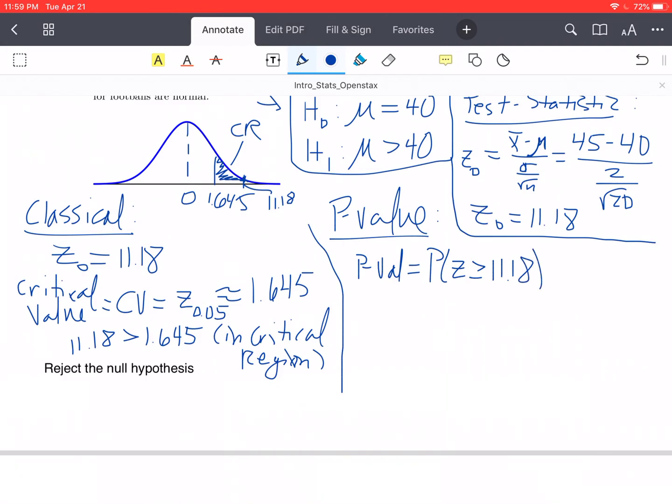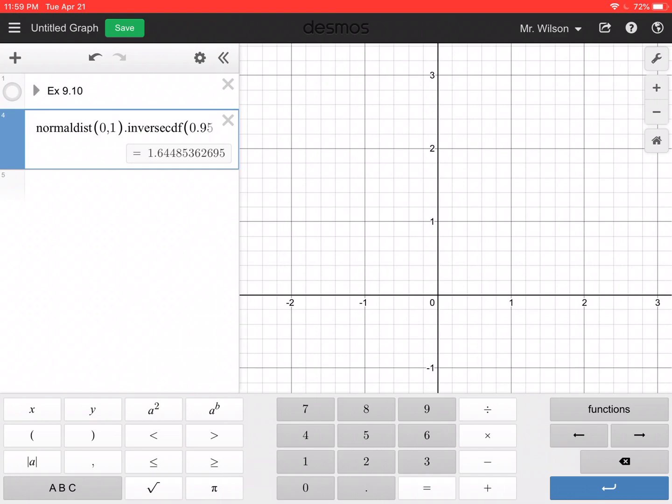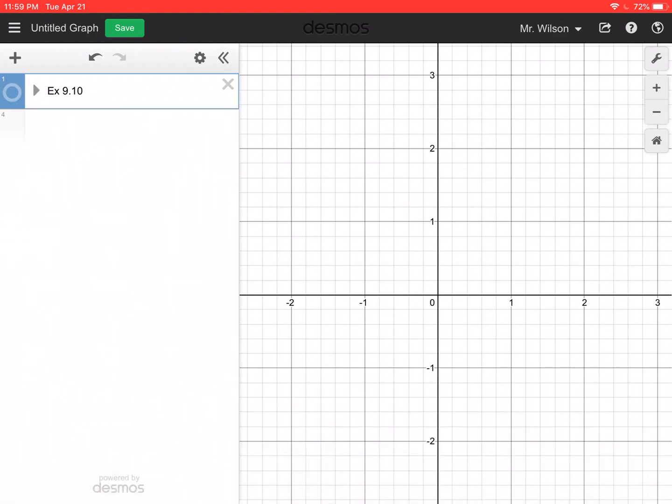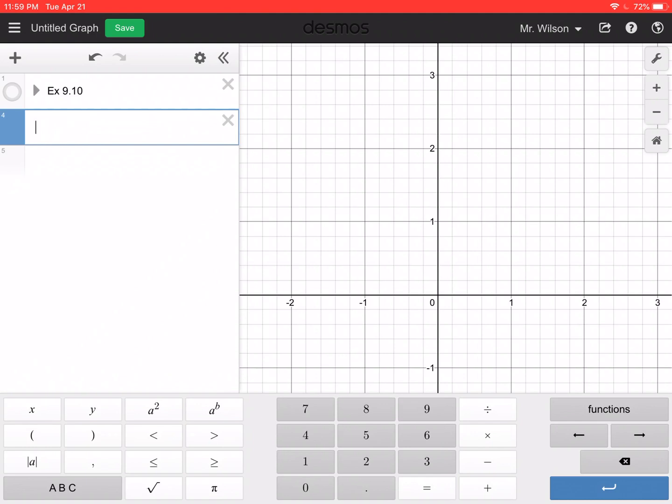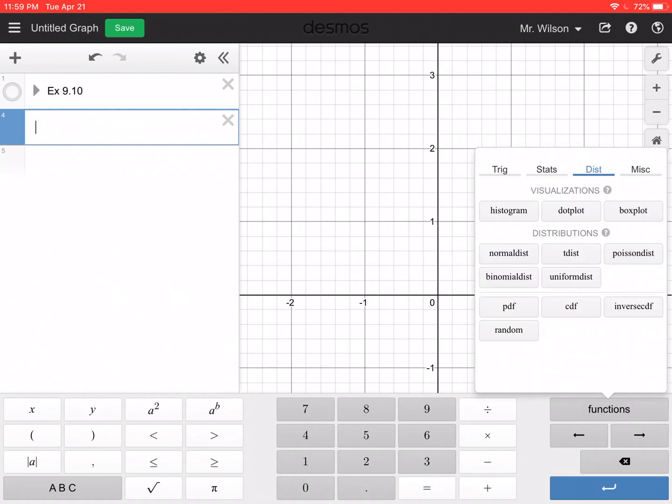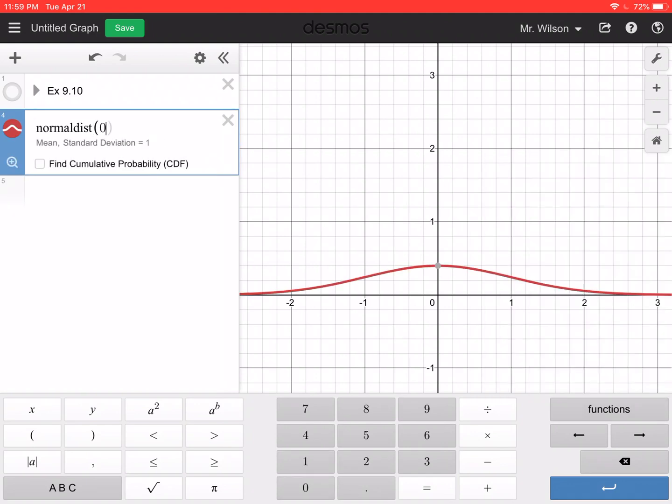Then if we go on to our normal curve here, let me get our normal distribution back up. Standard normal, 0 to 1, and find the cumulative probability above 11.18.